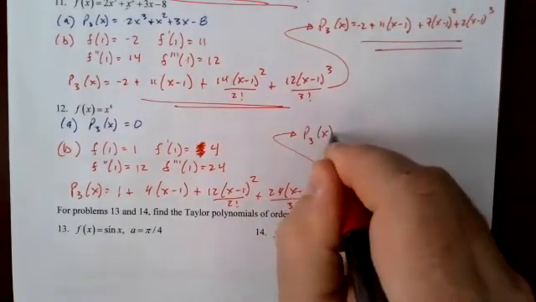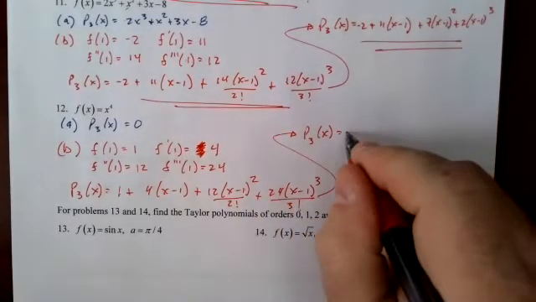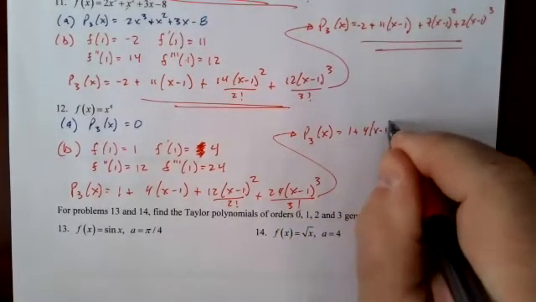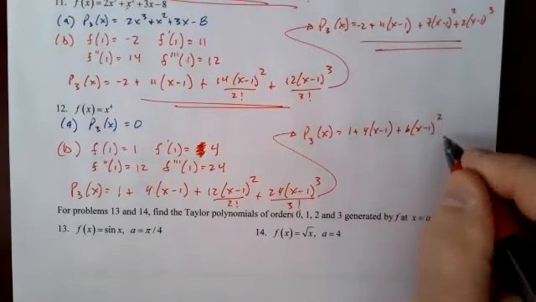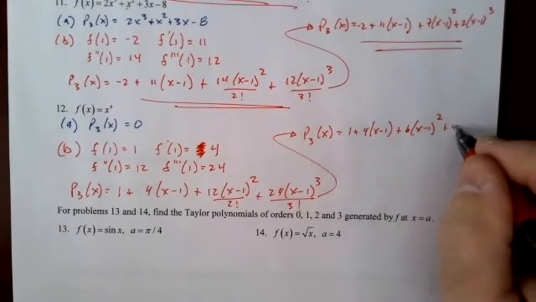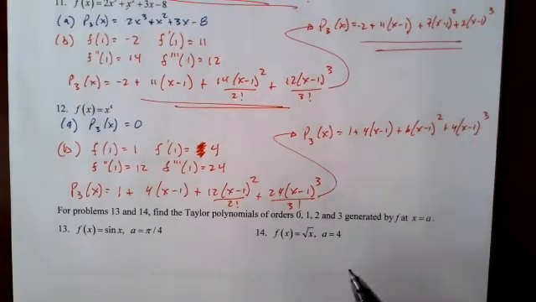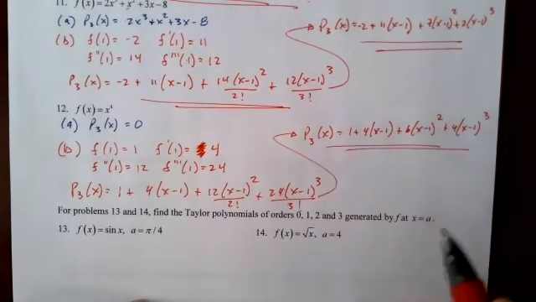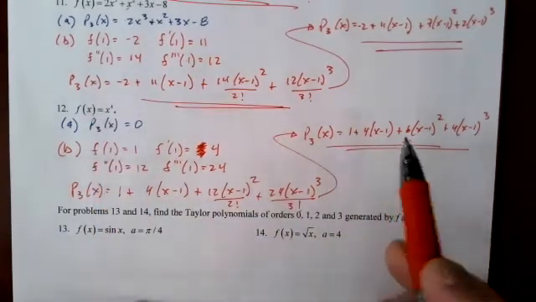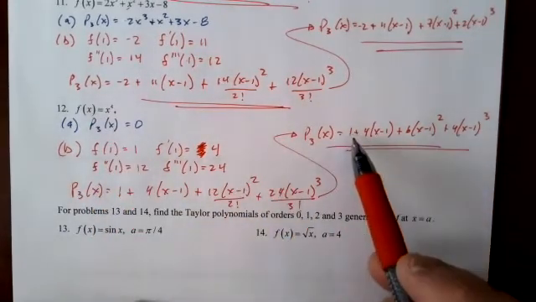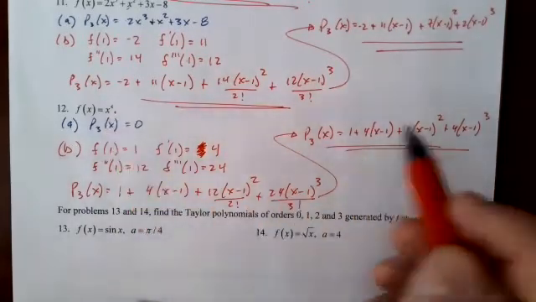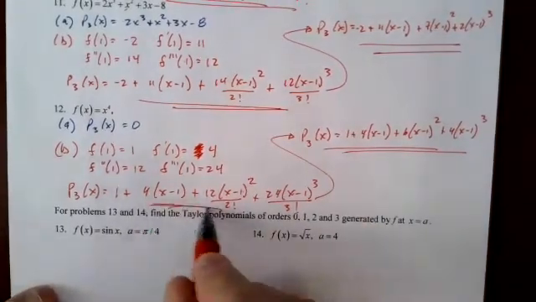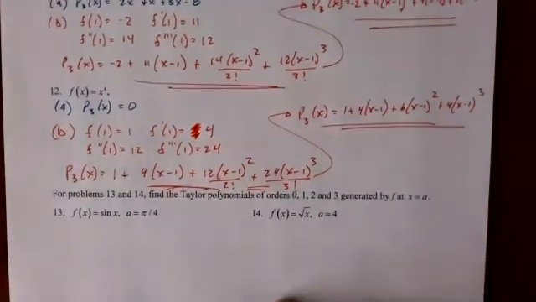P3 of x equals 1 plus 4(x minus 1) plus 6(x minus 1) squared plus 4(x minus 1) cubed. That'll approximate this. Will it be perfect? I don't know. Plug in 1, we get 1. How about plug in 0.9? Well, play with it, see what you get. It's tough. It's hard math.